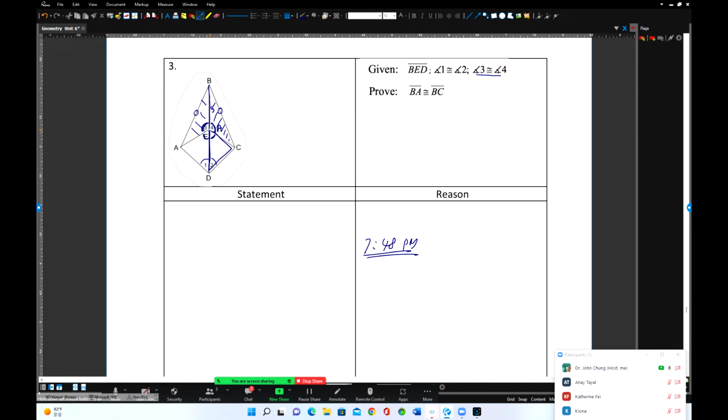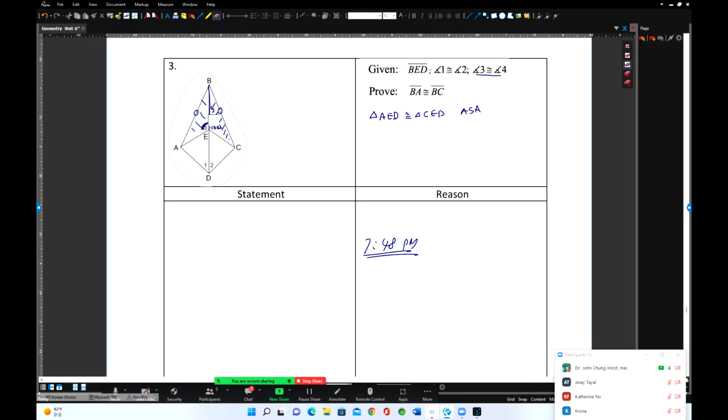This triangle, the other side of the triangle must be right there. Angle, side, angle. Using the first one, angle, side, angle. So triangle AED congruent to triangle CED must be using what? Angle, side, angle. Using this one, we can prove these two triangles are congruent.